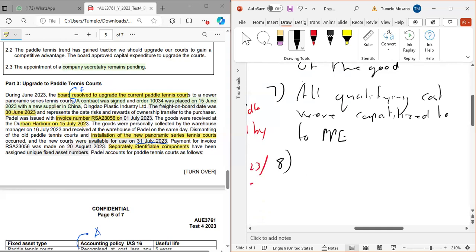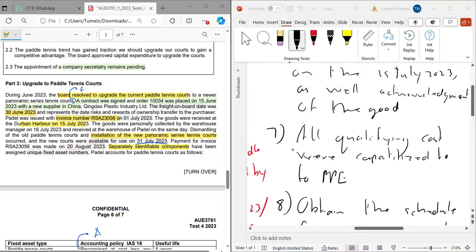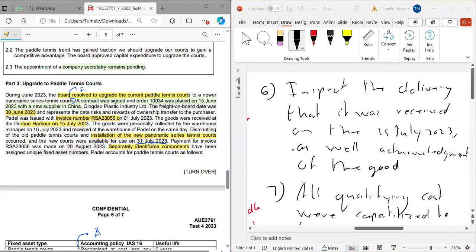If you are not provided with a schedule, what do you have to do as the auditor? You have to obtain the schedule from management. You're asking that I should repeat question number 6, right?